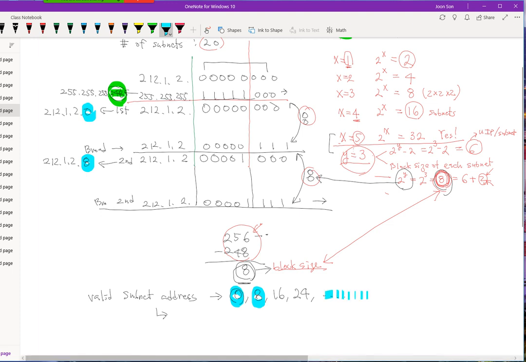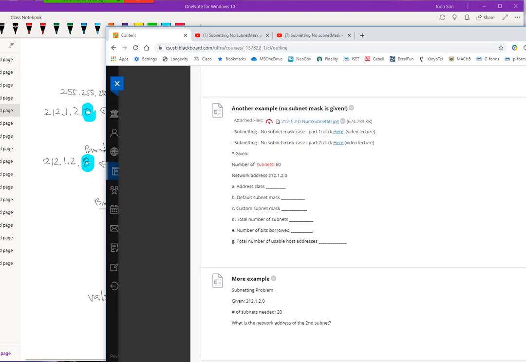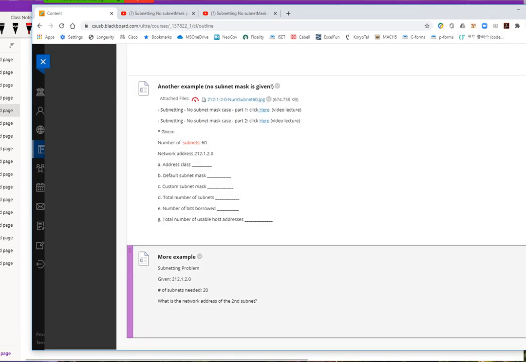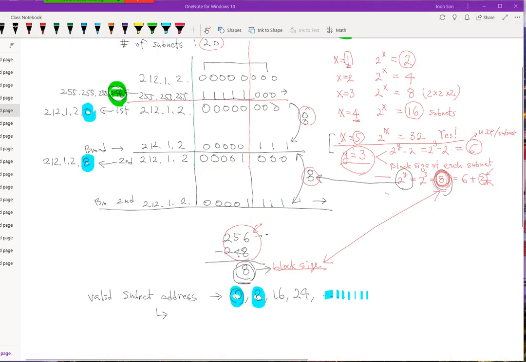So any question? Okay, having said that, what is the answer? It's true. So what is the network address of the second subnet? It's 212.1.2.8, so the answer is true.